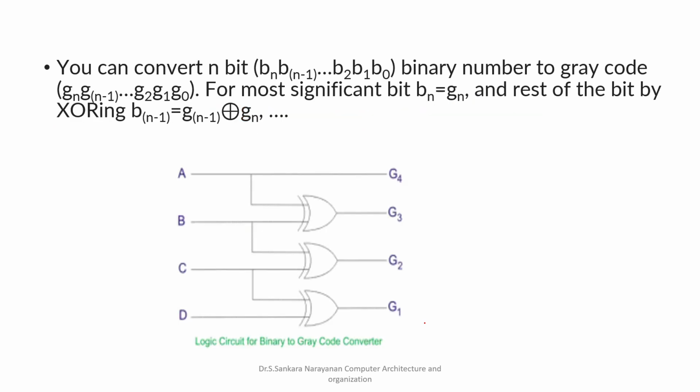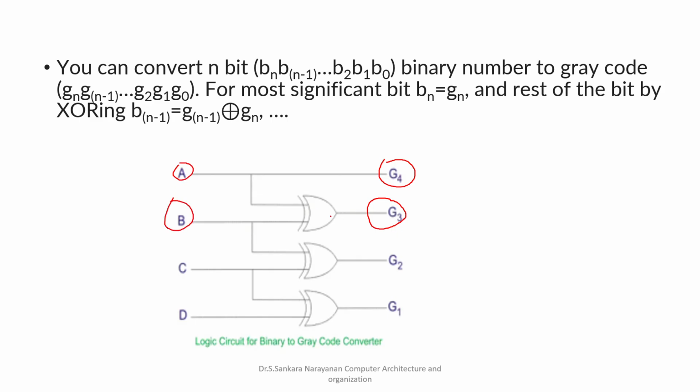Now this is a gate diagram for the binary to gray code converter. The first bit, G4, remains the same, and G3 will be the XOR of the first bit and the second bit.